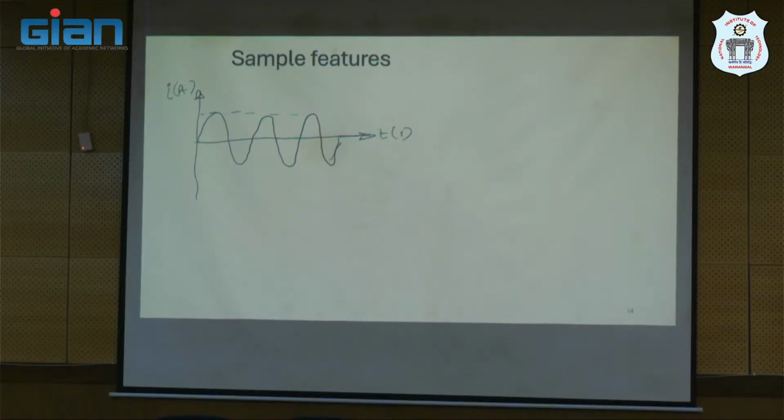What features can be generated out of it? One easy way is we can generate a peak value, positive peak, negative peak. That can be considered as a feature. Another thing can be RMS. Another thing can be mean value. So you can generate such statistical measures from raw data and you can use them as features.